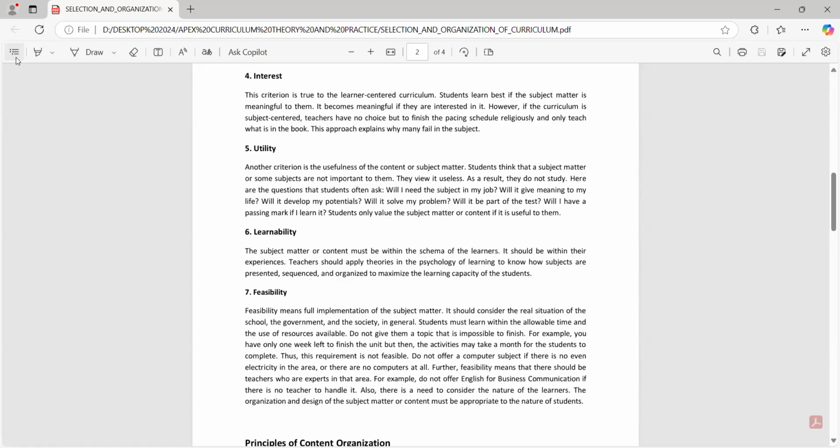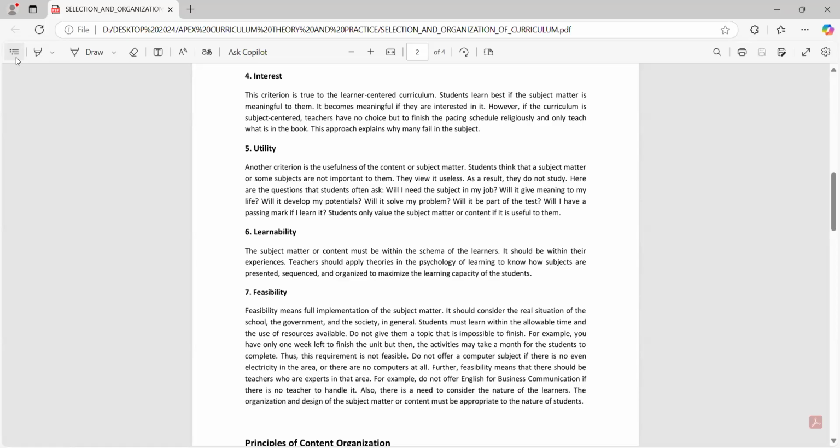So the learnability is the subject matter that you put into the content of the curriculum that should be easily learned by the students. That means if you put big theories in grade 6 that cannot be understood by them, learnability is not there.